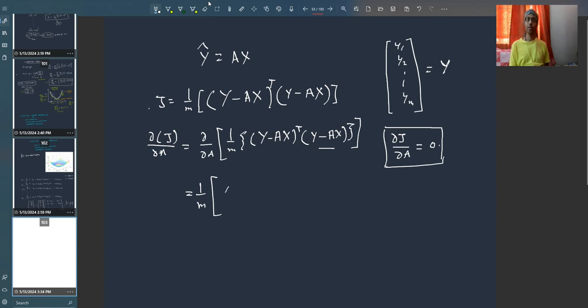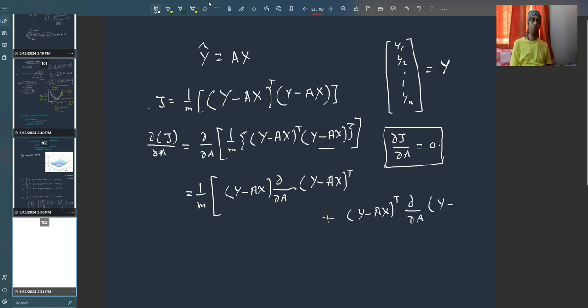So this becomes y minus ax constant differentiated with respect to y minus ax transposed. This is the first expression, right? And the second expression will be plus y minus ax transposed taken as constant, differentiated y minus ax.